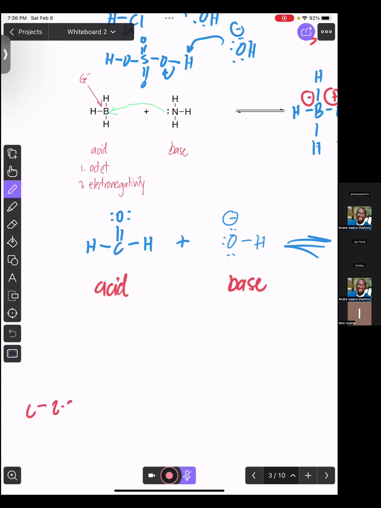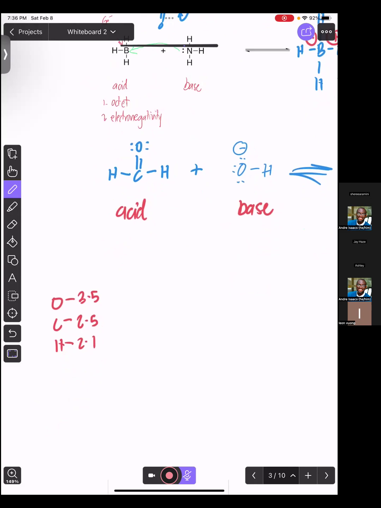Carbon is about 2.5, hydrogen is about 2.1, and oxygen is about 3.5. So you can look at those and see which 2 atoms are going to have the largest difference, which would mean that relationship is the most toxic.